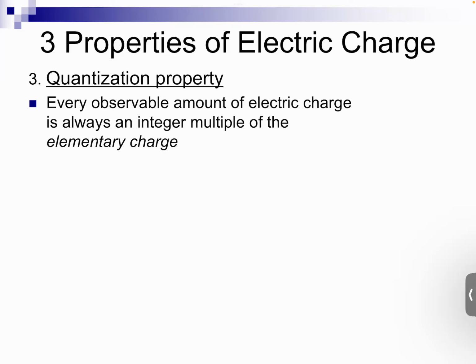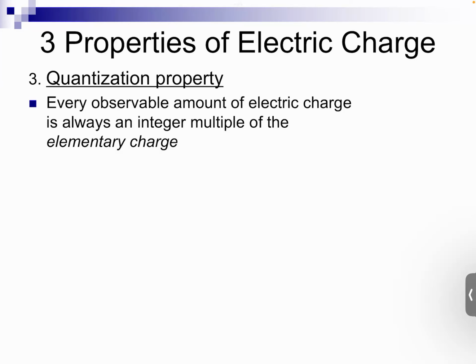The easiest analogy I can think of to understand the quantization property is to think about money. If you think about New Zealand money, the New Zealand dollar, what's the smallest amount that you can have? 10 cents.